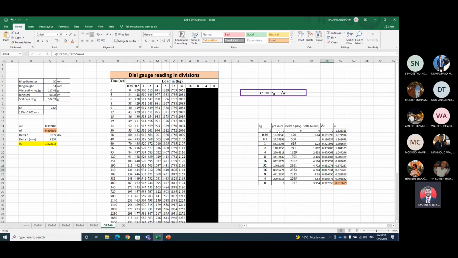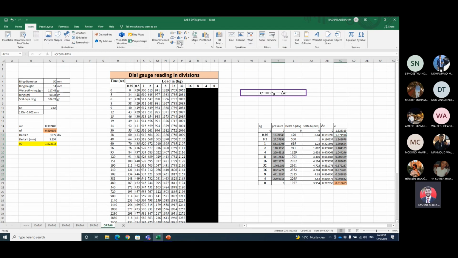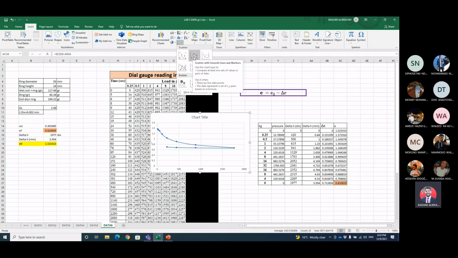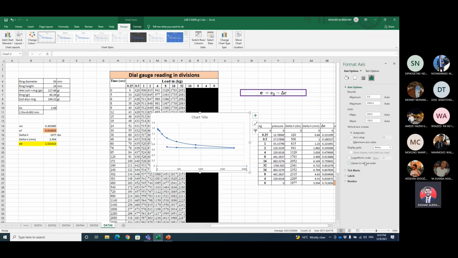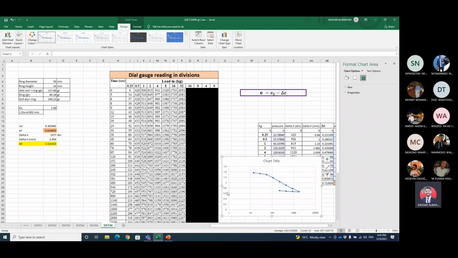Okay, now we need to plot our curve. So select all the values except the zeros, and select all the corresponding values. Then go insert, scatter, and select this one, scatter with smooth lines and markers, okay? Then right click on the x-axis, make it logarithmic scale, and we get our curve.